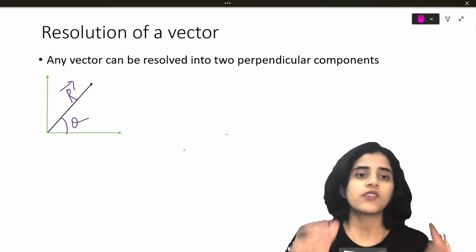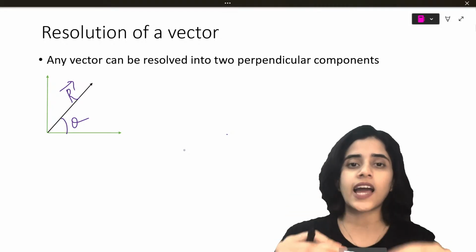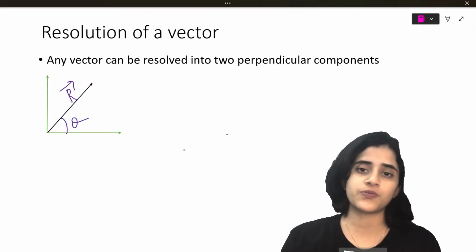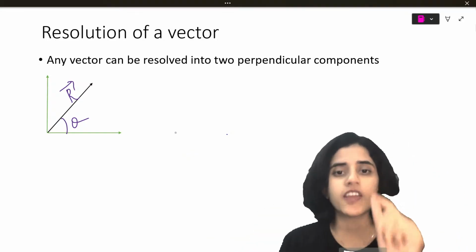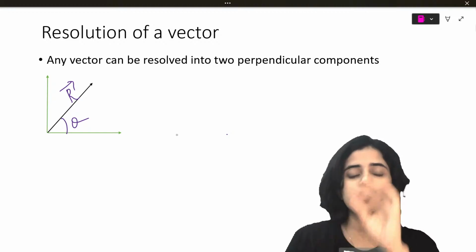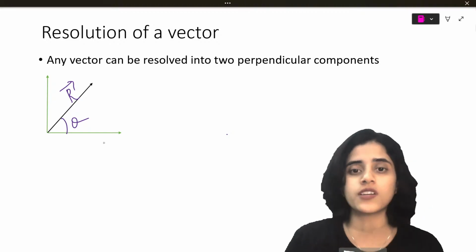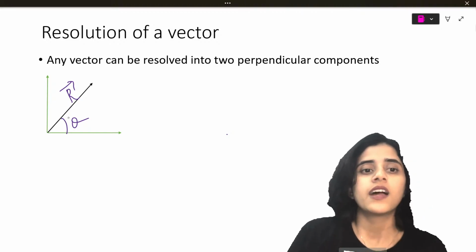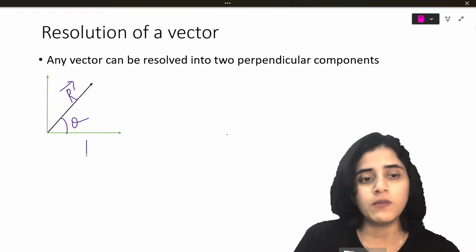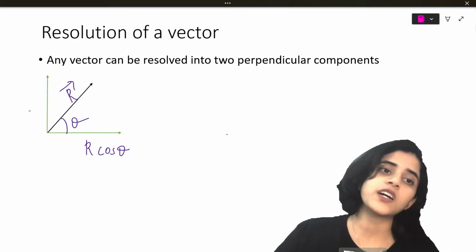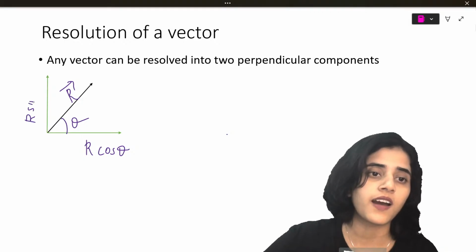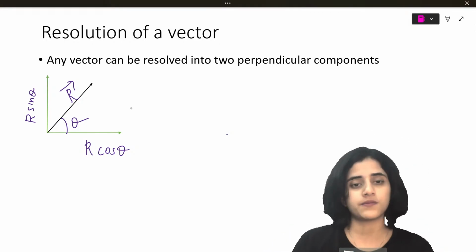Now, whatever I'm going to say now is very important. Whenever you have a vector in a random direction making an angle theta with the horizontal axis, the horizontal component will be r cos theta and the vertical component will be r sin theta.